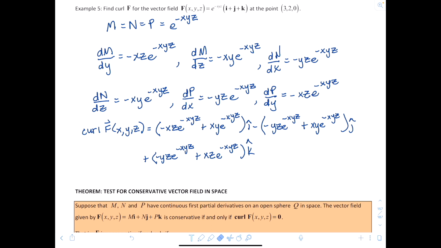So the curl of f evaluated at (3, 2, 0) is going to mean that the exponent on all the e's is 0, because 3 times 2 times 0 is 0.